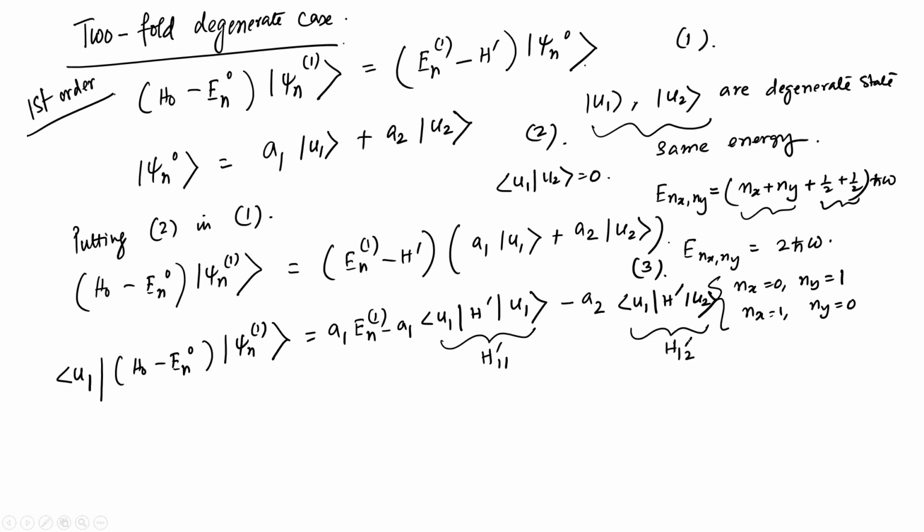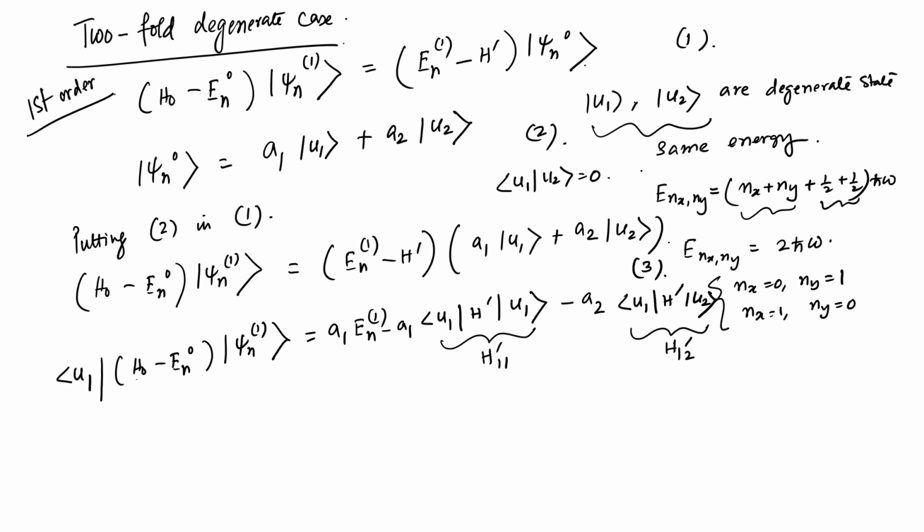Okay. And we will do the same thing for u2, but look at this: H0 will act on this u1 and give me En0, which is its eigenstate. So, let me write it here.